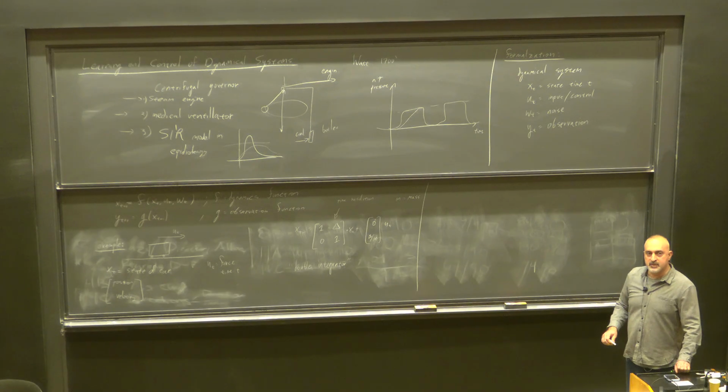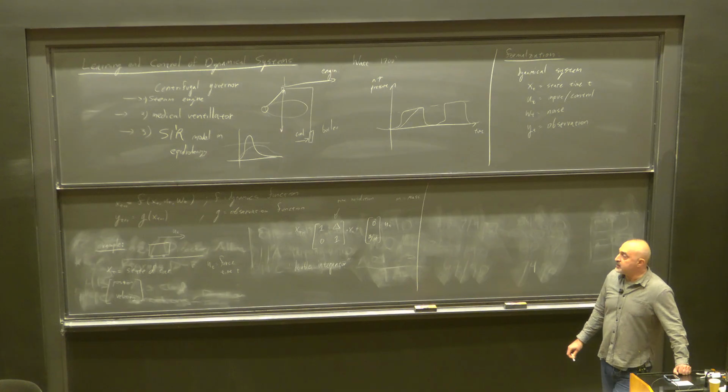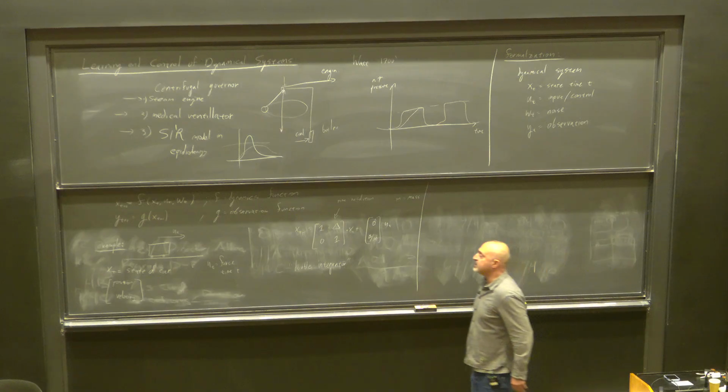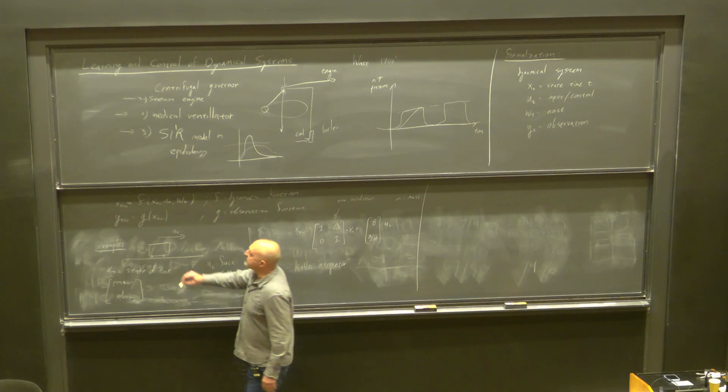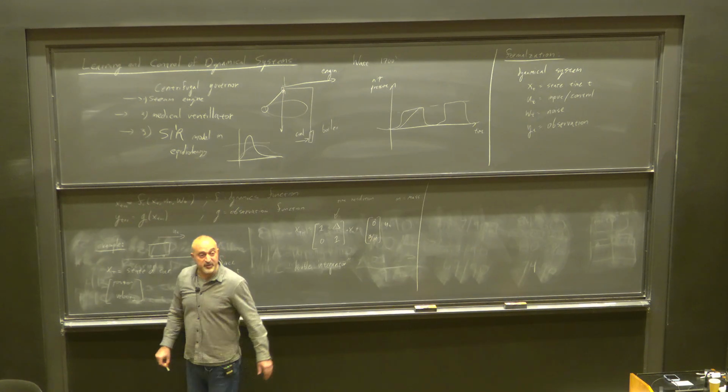Any questions? Yeah? Let's make it always, for this course, time invariant. It doesn't have to be linear. It can be nonlinear. You're right that in general, I can make this dependent on time, and then it is a more sophisticated model.